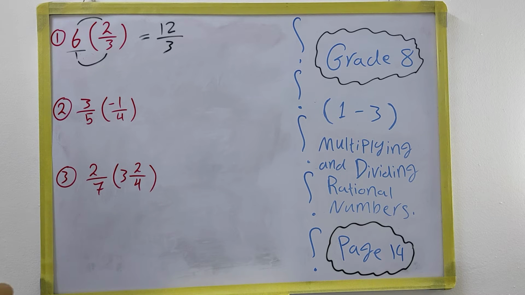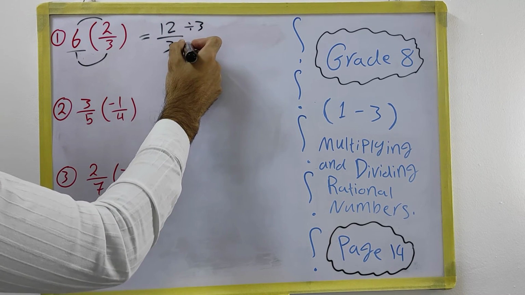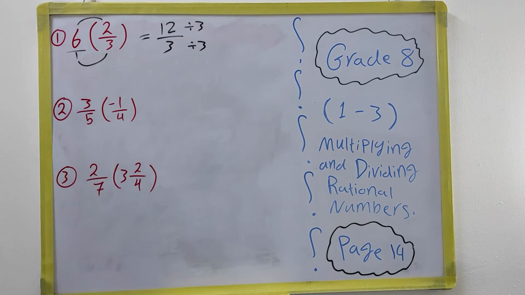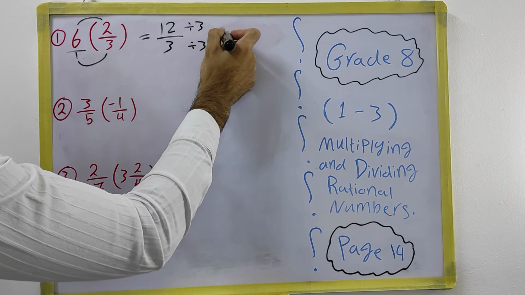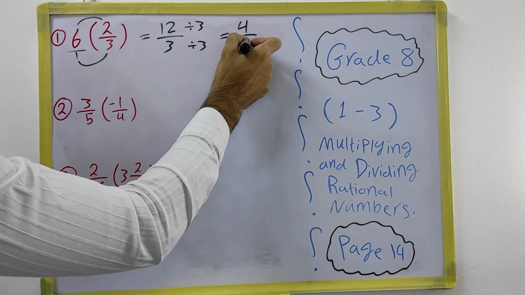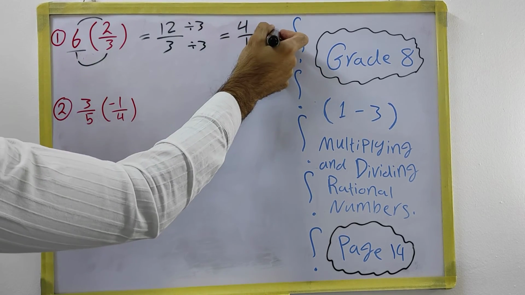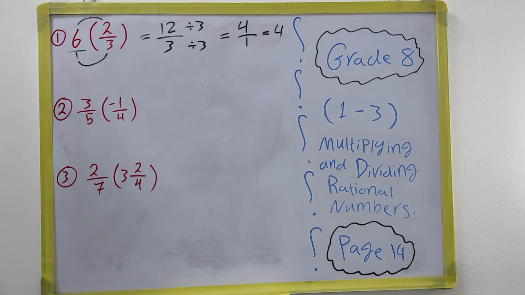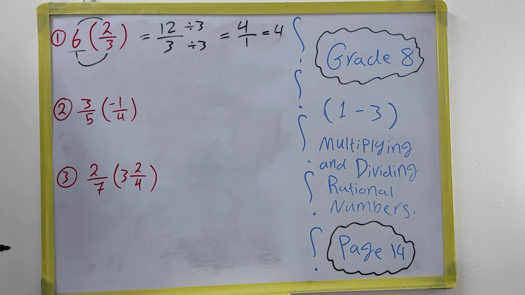And always at the end, in addition, subtraction, multiplication, division, in all of them, we need to simplify if it's possible. Can be divided by 3, can be divided by 3, so the result equals 4 over 1. 4 over 1, the same thing as this one, equals 4. Anything over 1 we can write as itself, or if you need to make it a fraction, you can say over 1.